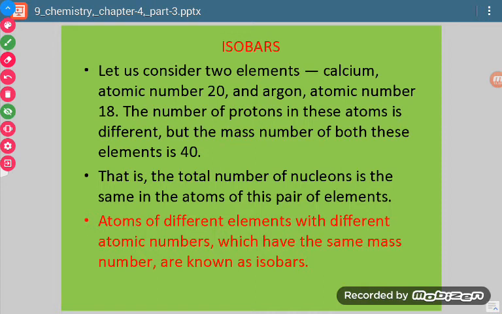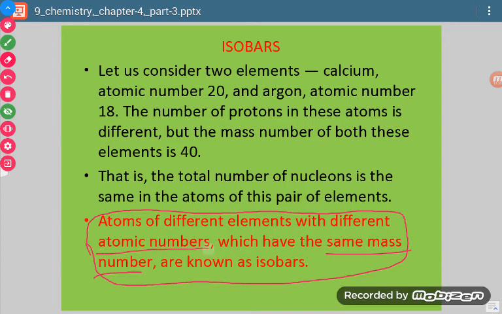There we said different atomic mass, so here we will say similar atomic mass. So what is the definition of isobar? Isobars are the atoms of different elements with different atomic numbers but the same atomic mass, which is also known as mass number.